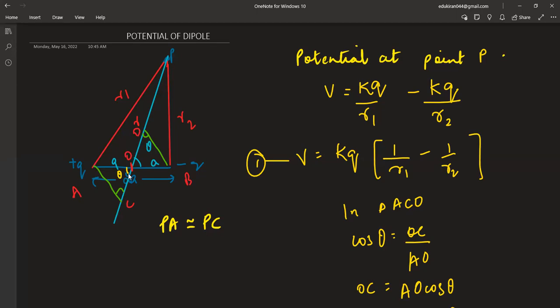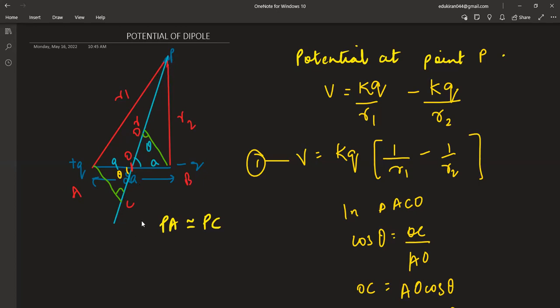It's just that we are substituting these values. We don't want R1 and R2 in our calculations. Now pay attention. PA and PC almost are equal now. Now, what is PC made up of?